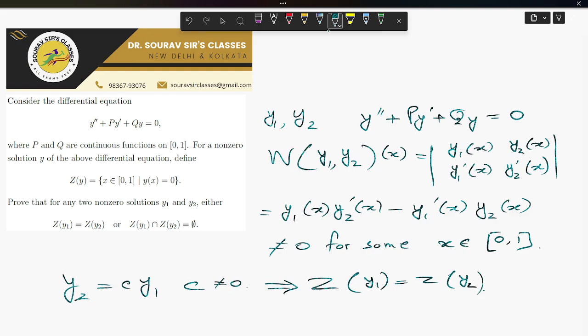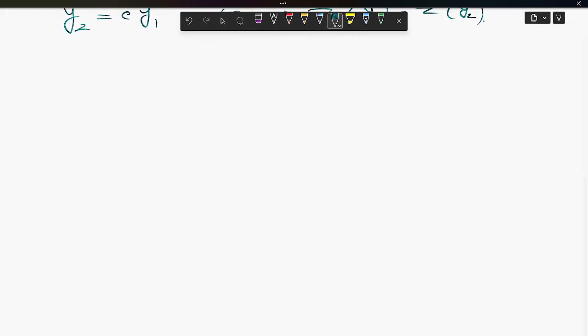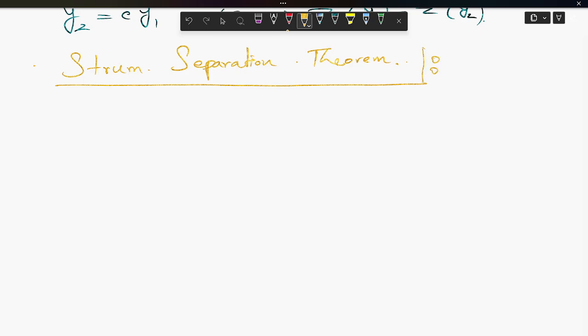So now we are going to understand the Sturm separation theorem. Let me write it on the screen. For two linearly independent solutions of the differential equation, the zeros of y1 and y2 interlace.